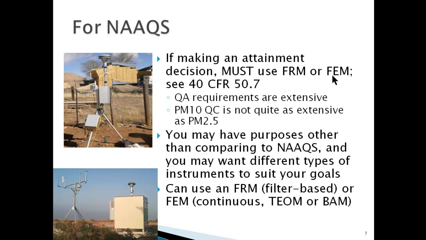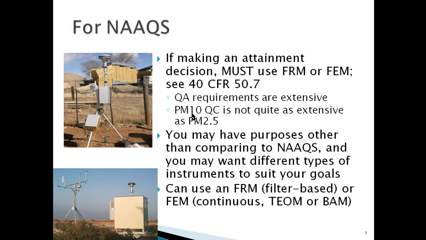Now, if you want to make measurements to compare against the National Ambient Air Quality Standards, then you must use an FRM or an FEM. This is written up in law, 40 Code of Federal Regulations, I think it's Chapter 50.7. It has extensive QA requirements, but for PM10 it's not so hard.